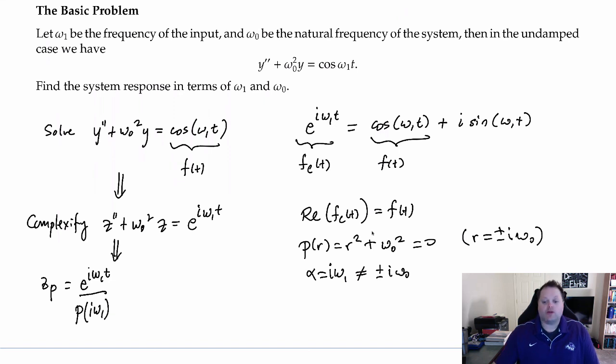It is i omega 1 there for alpha. So alpha is this complex frequency i omega 1.